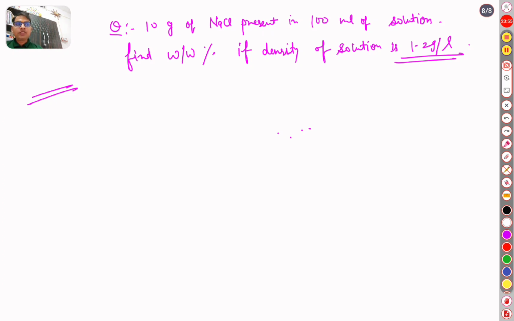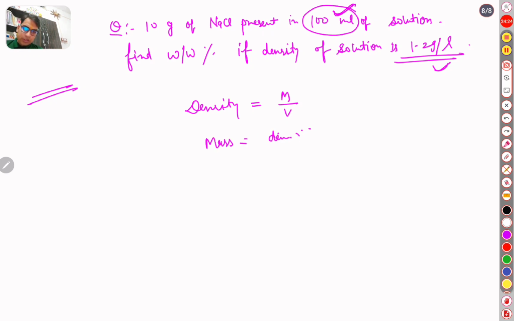Okay, let us see this question. Firstly we will find out the mass. Here the volume is given in ml. Density is given, and density is equal to mass by volume, then mass is equal to density into volume. Density is 1.2 and volume 100, then mass is equal to 120 gram of solution.